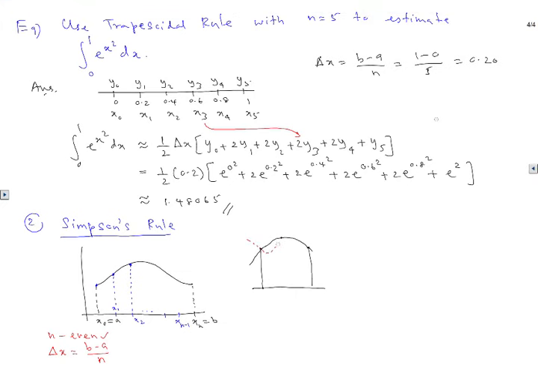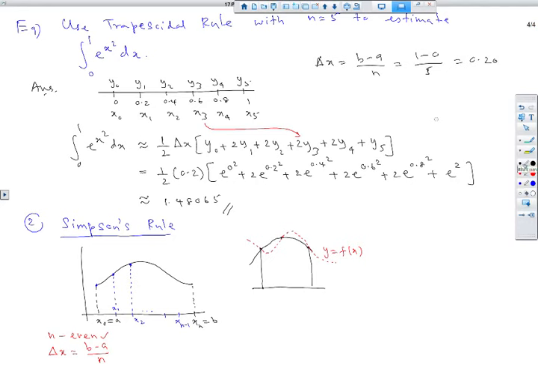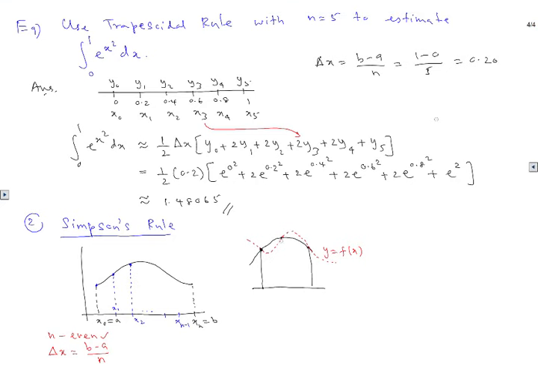That's the actual function that you try to approximate, y equals f(x). But what we know is that there is a unique parabola passing through these 3 points. So that's that parabola, a unique parabola passing through these 3 points.